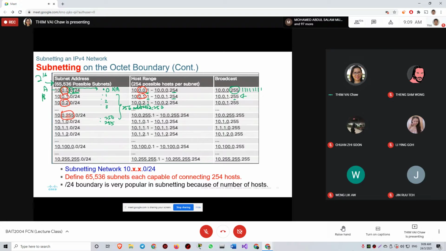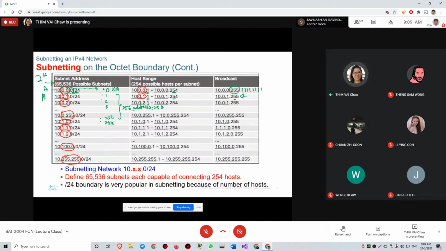Then what to do? You change the octet in front, which is the second octet here. So your second octet will be changed from 0 to become 1. Then your third octet here will start from 0 again. So then here will be dot 1, dot 2, until you reach the end, where your bit pattern becomes 255.255.